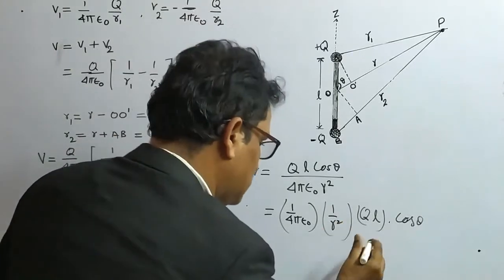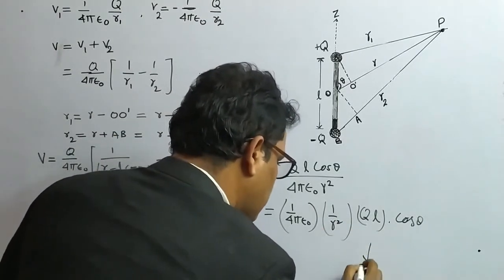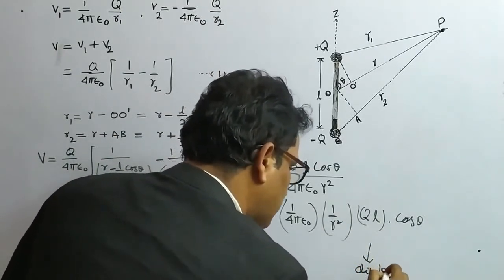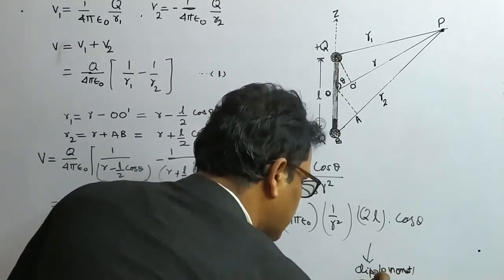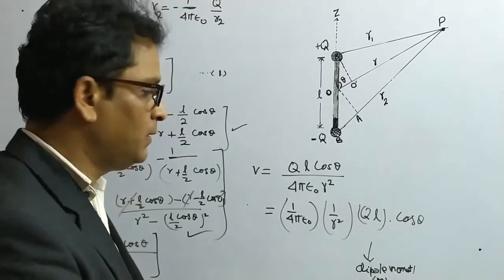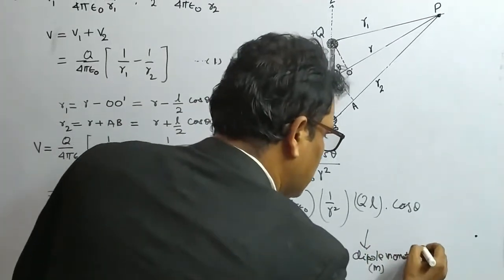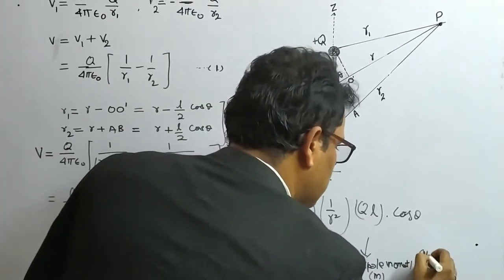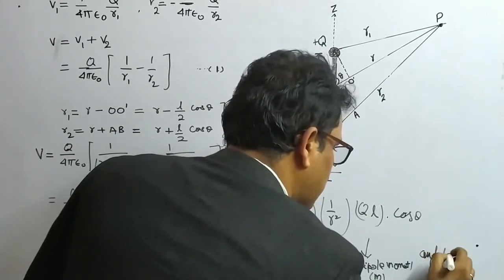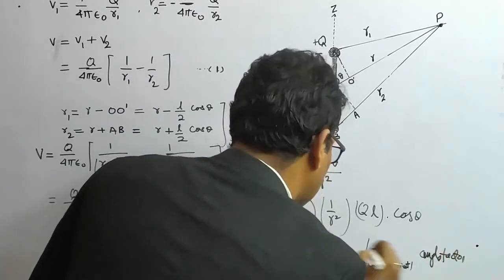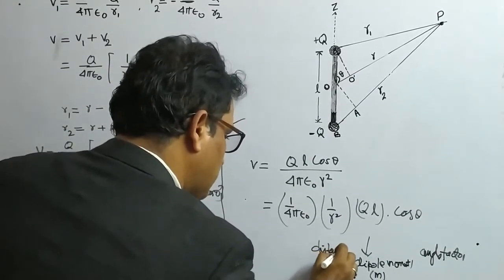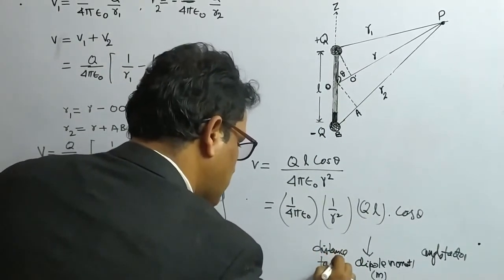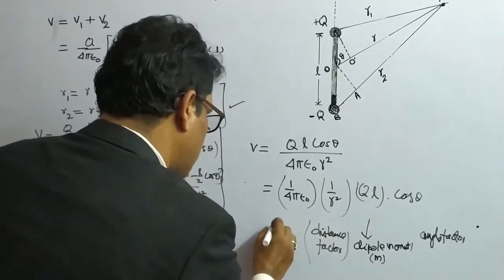This qL is the dipole moment, it is denoted by M. This is the angular factor, so this is the angle factor. This is again a distance factor, and this is a constant.